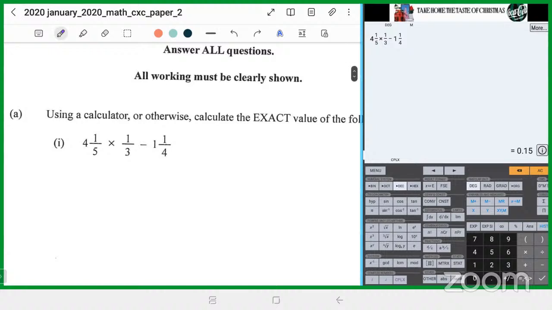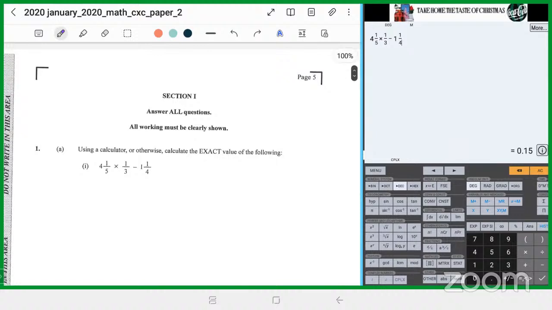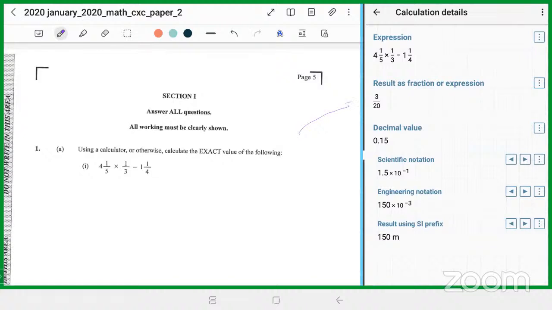They want the exact value, so we see 0.15 as a fraction. This will be equal to 3/20. Want to get that? Yes, sir.